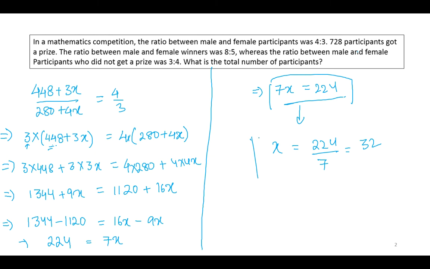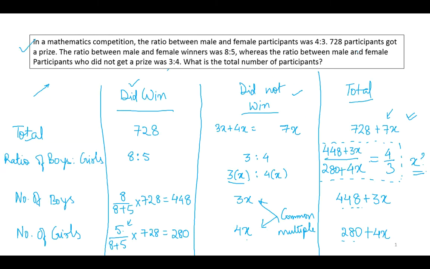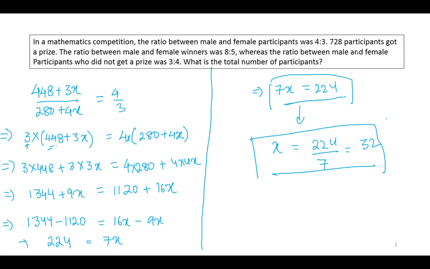But the point is, what we had to calculate, if you remember, was the total number of participants, which was denoted by 728 plus 7x. So the value of 7x we have already found out, right? So we can directly substitute that. Our total number of participants is nothing but 728 plus 7x.